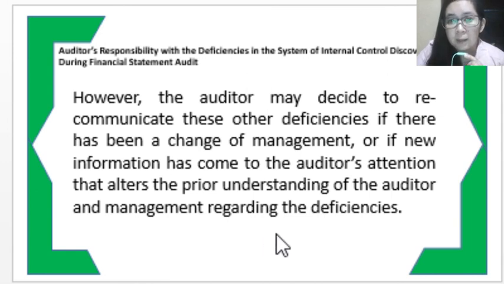Meaning, in this case, the auditor may decide to recommunicate if new management team members have come in, because in the previous audit they were not present, so they have no idea about it. Their attention should also be called to such deficiencies in the current period, or if there was any misunderstanding in the prior period, the auditor may recommunicate these deficiencies.